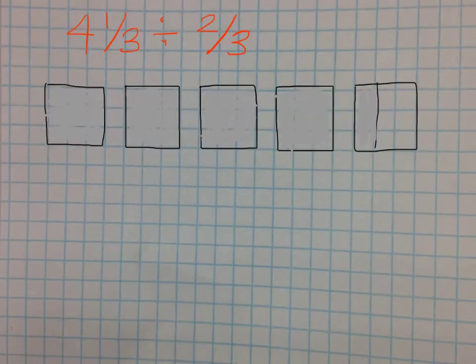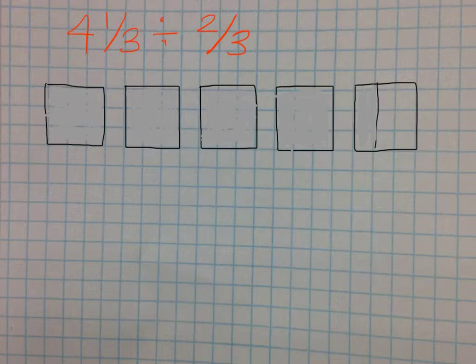So now let's try modeling a division problem, dividing by a fraction. So we've got 4 1/3 divided by 2/3. That means we've got 4 wholes and 1/3 of another one, and we're going to divide it into groups of 2/3 each.